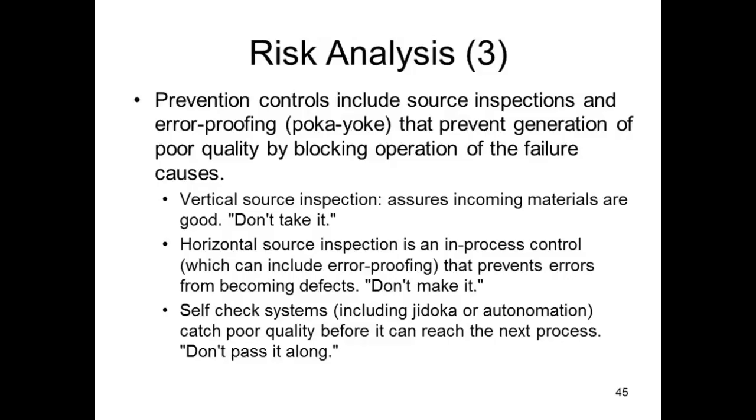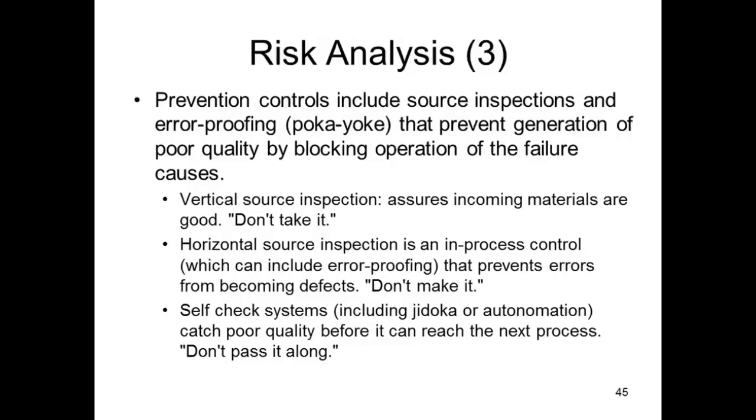Horizontal source inspection is simple language for in-process control that prevents errors from becoming defects, and that's how we avoid making the poor quality. Self-check systems catch the poor quality before it can get to the next process. Don't pass it along. So when our customer process does the vertical source inspection, we're not going to send them any poor quality that they don't have to take.